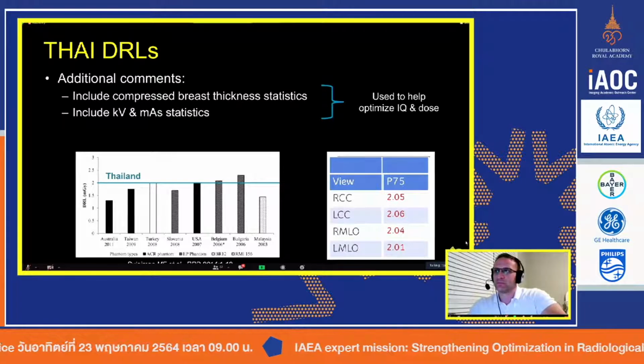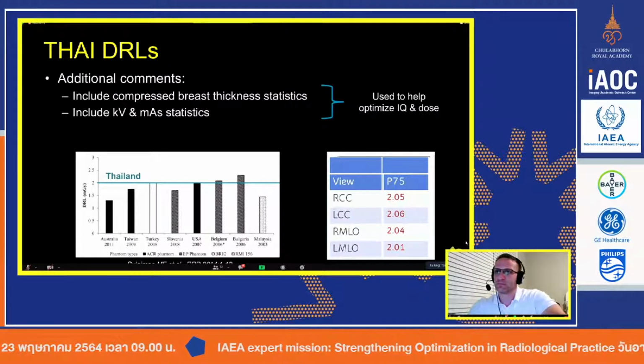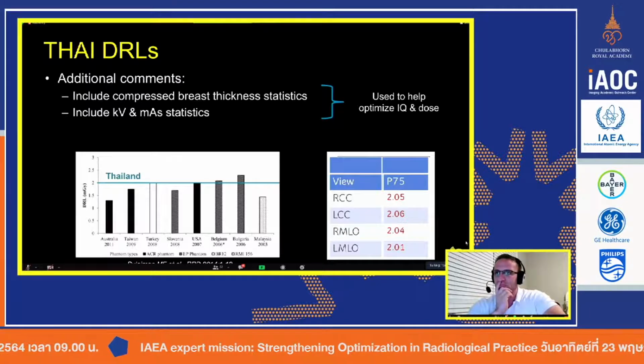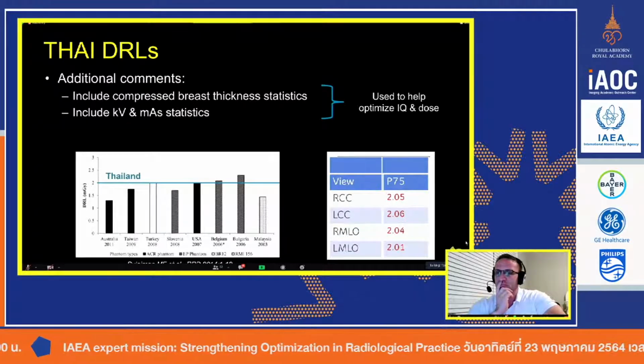Just for clarification, that means a patient has a set of 2 per RCC, 2 per LCC, 2 per RMLO, and 2 per LMLO. So for a 2 breast exam, they get maybe like a 16.